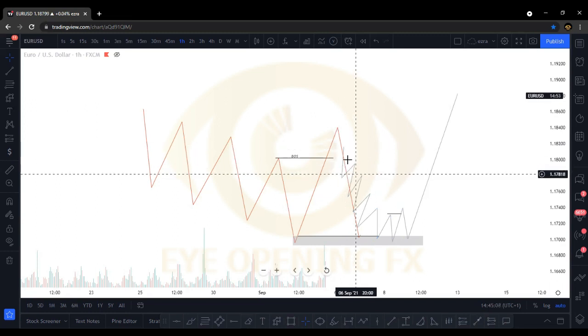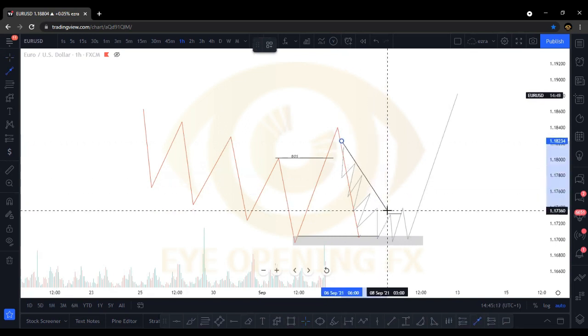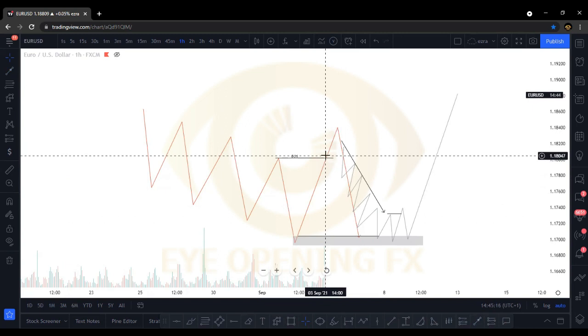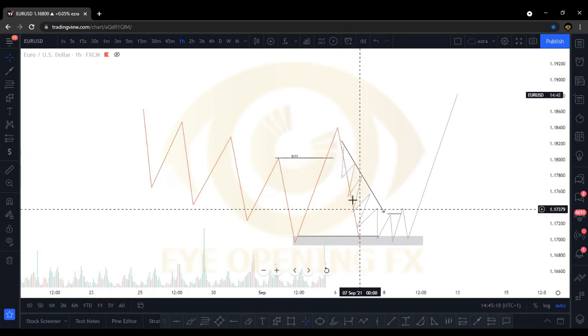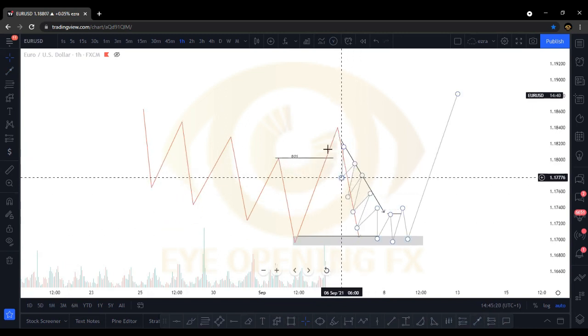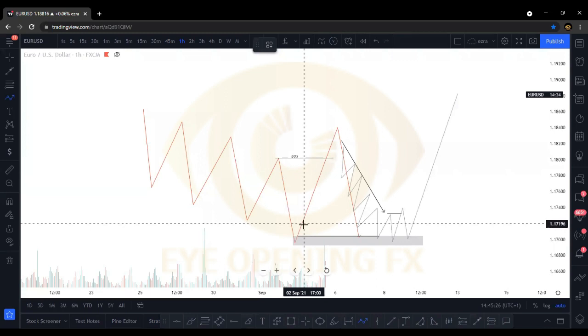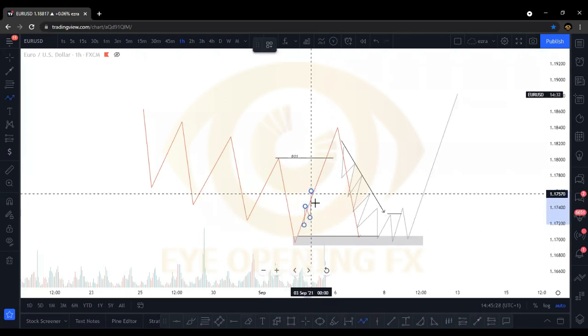As the market is giving us this corrective wave, we call this corrective wave a minor structure. As the market is buying, we call the structure that the market is using to buy internal structure.